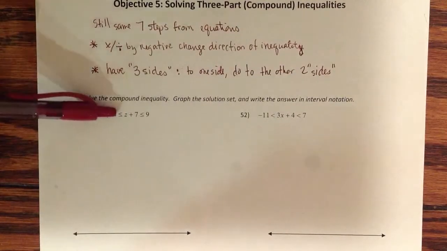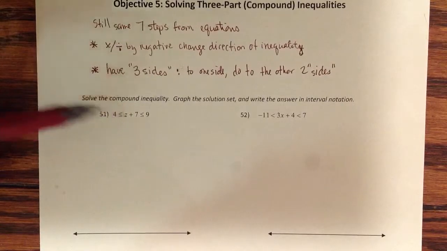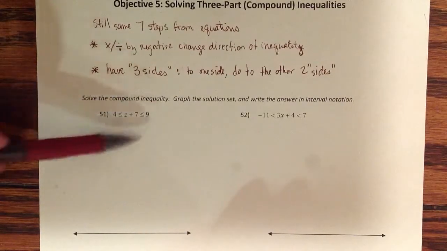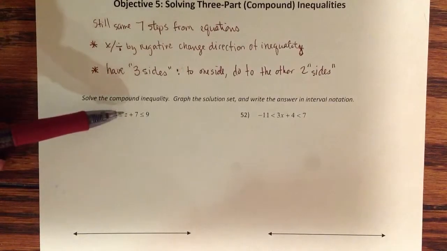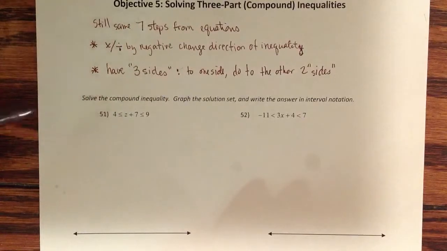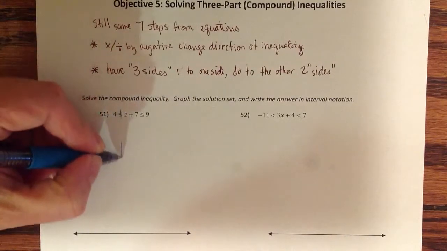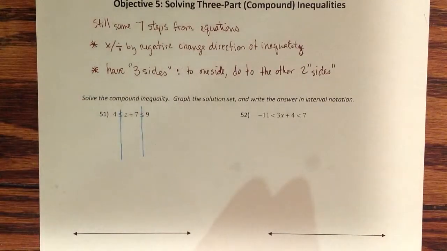So when I solve these compound inequalities, my goal is still to get the variable by itself, and I still have to do that by removing whatever numbers and operations are surrounding it. But instead of just doing it here and then over here, I'm also going to need to do it over here. So I'm going to set up this equation by making 2 of those lines down the middle.